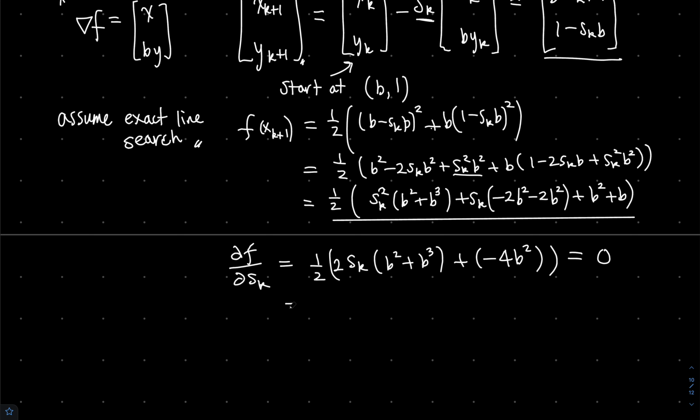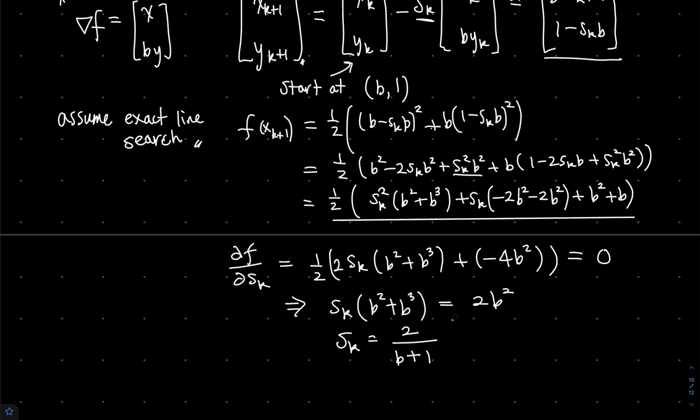So we get sk (b squared plus b cubed) equals 2b squared. The 1/2 cancels, and moving this to the right-hand side, the signs cancel, and we get sk equals 2 over b plus 1, after canceling the b squared terms.